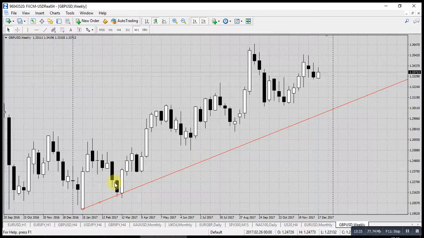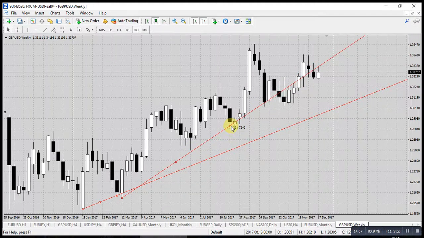So next step, now we choose this low in order to draw a second trend line. So what we see, this one is broken, this one worked for several months and then it's broken. So how about this one too, this one also broken. So how about this one?